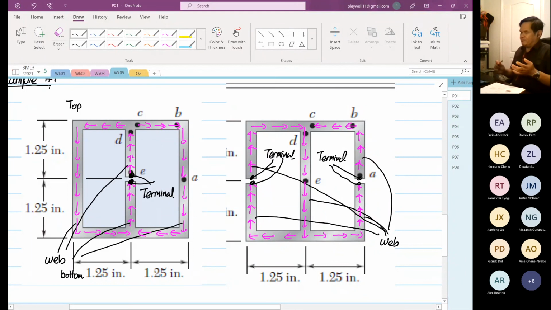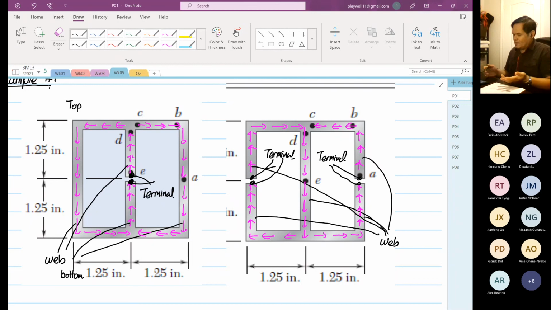So this is one example of the one on the left. It looks like a box, but in fact, you need some wide flange analysis. The one on the right looks like a box, but it's a wide flange. So you need to analyze this.